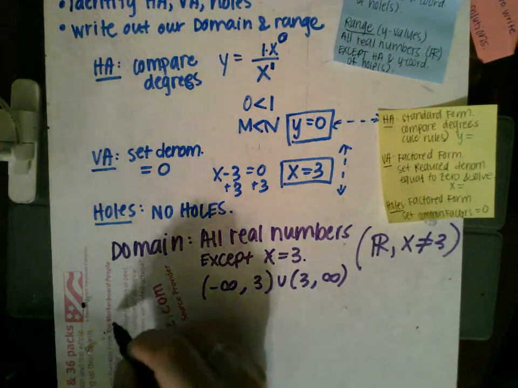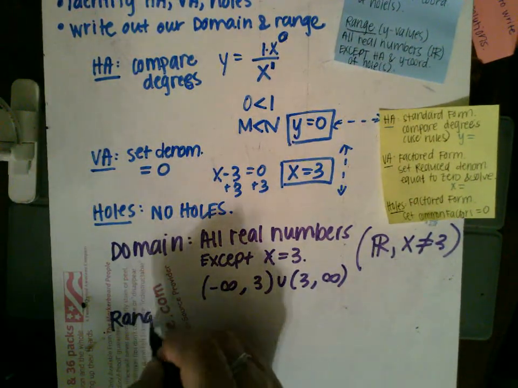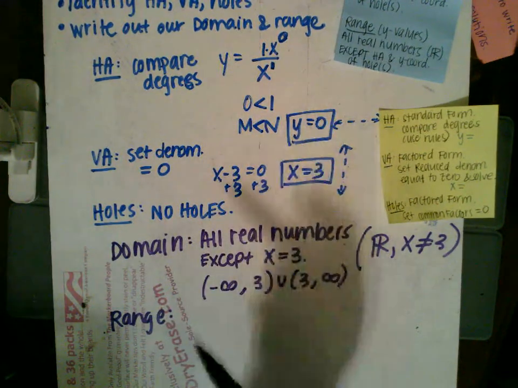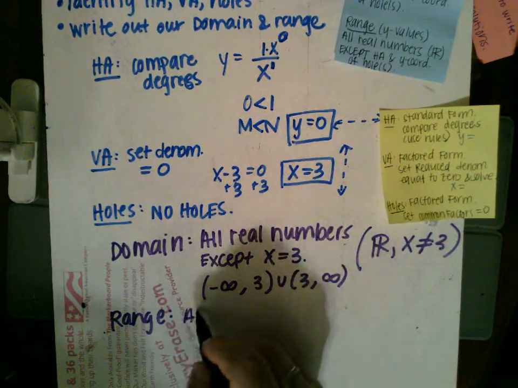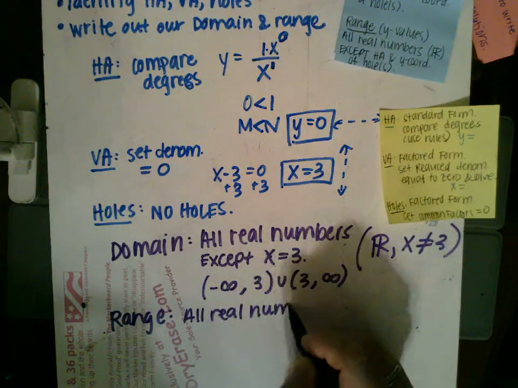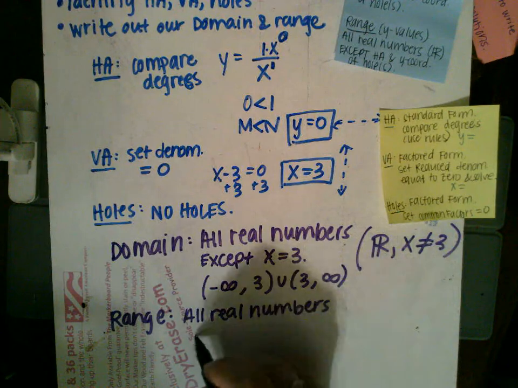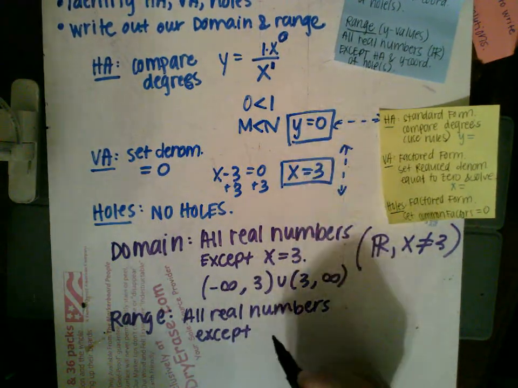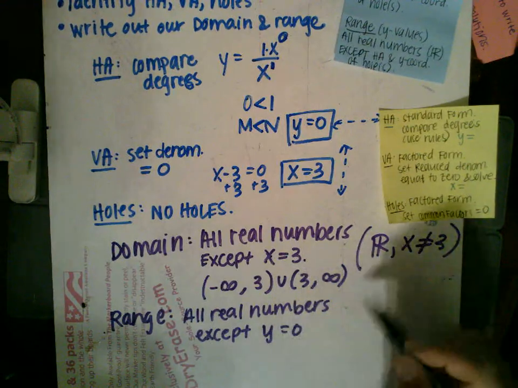Now my range is all possible y values, which is why I know I have to exclude my horizontal asymptote, because it's a y value. So my range is going to be all real numbers except where my break in my graph is, at my horizontal asymptote, except y is equal to 0.